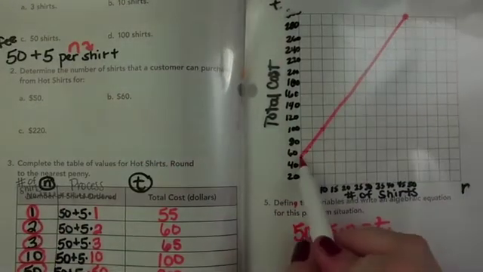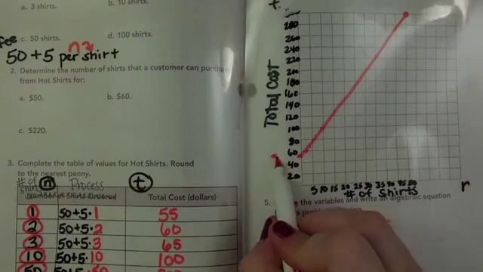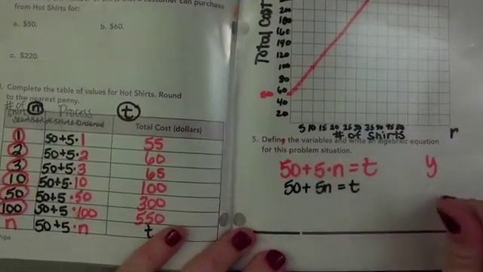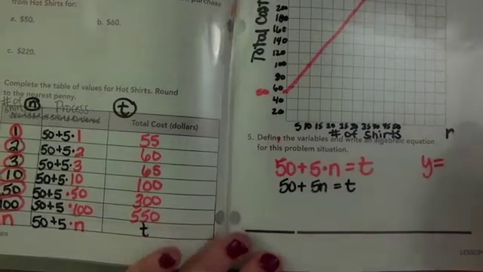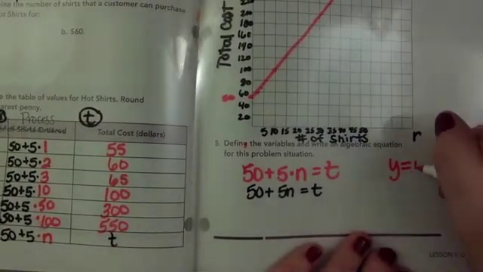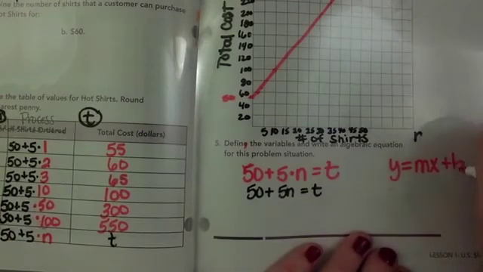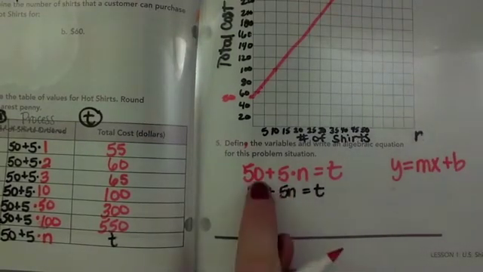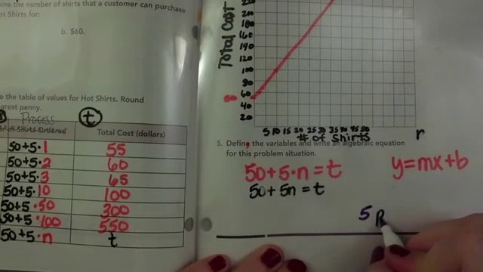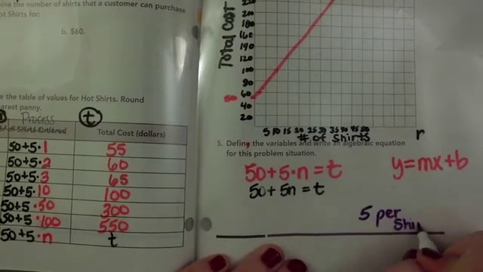Okay, what did this graph start at? Well, it started at 50. So remember, I'm writing the equation because you have to be able to recognize it either way. So if we have y equals mx plus b, what was the rate in this? The rate was $5 per shirt, so that's the rate.